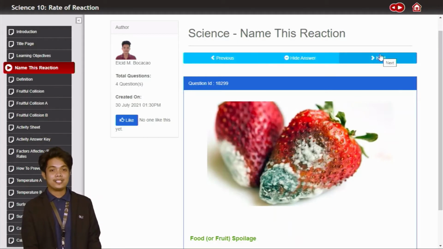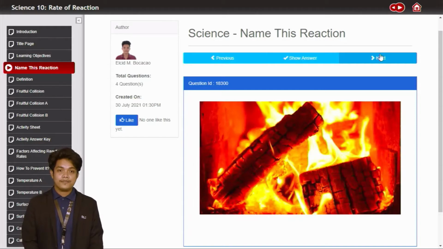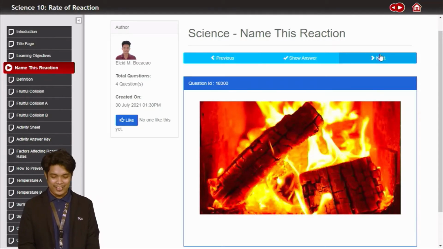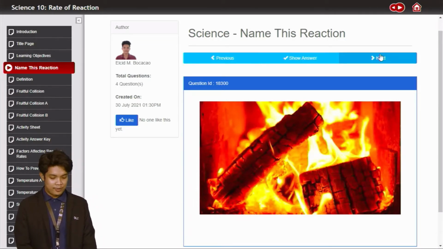Our next picture is this one. Which type of reaction is this, or what do you name this reaction? Others said fire, which is okay. Some answered combustion of wood, some answered combustion of fuel. It's the same thing.